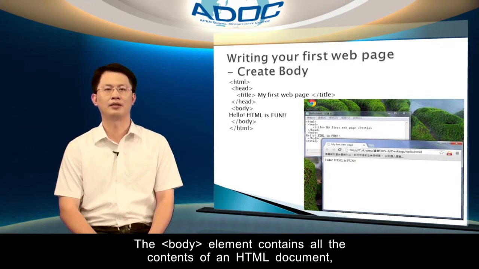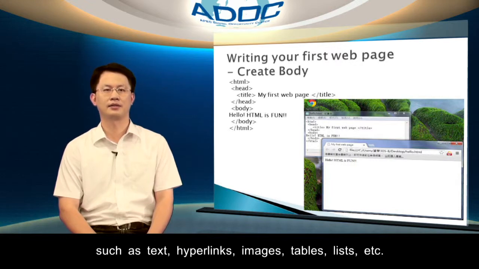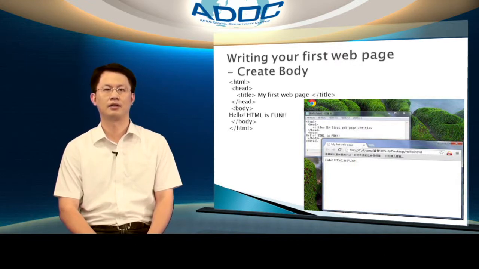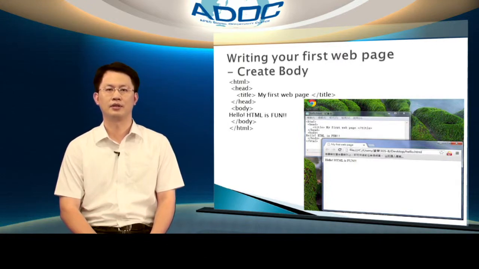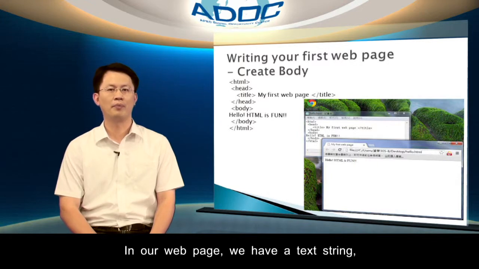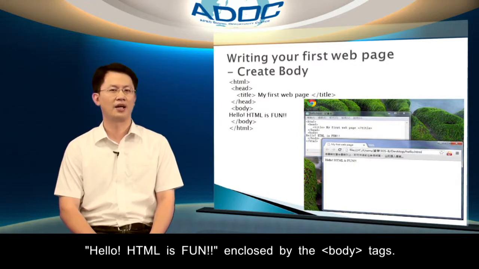The body element contains all the contents of an HTML document, such as text, hyperlinks, images, tables, lists, etc. Look at our example here. In our web page, we have a text string, hello, HTML is fun, enclosed by the body tags.